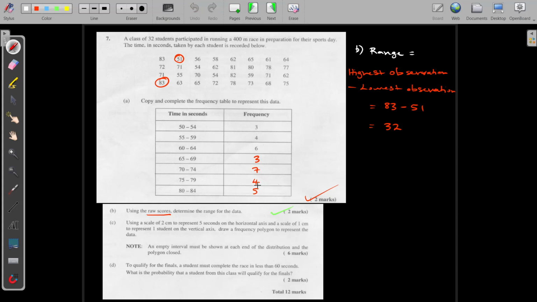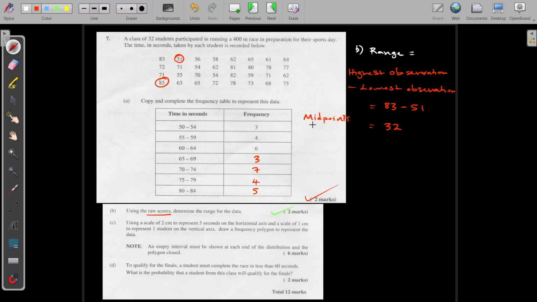So now remember, in order for us to construct the frequency polygon, what do we need? Yeah, we need the midpoints. So what's the first midpoint here? Would it be 49.5 and 54.5?